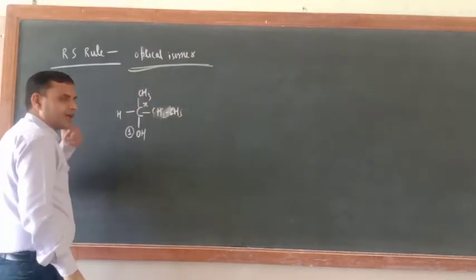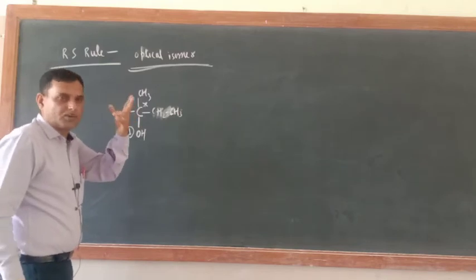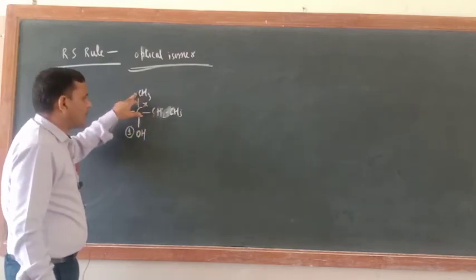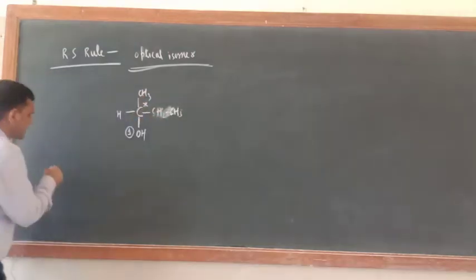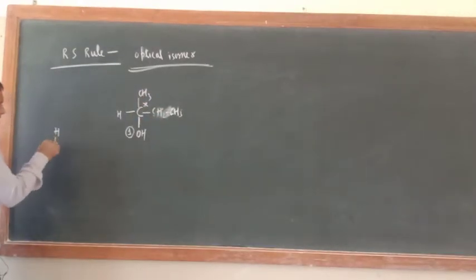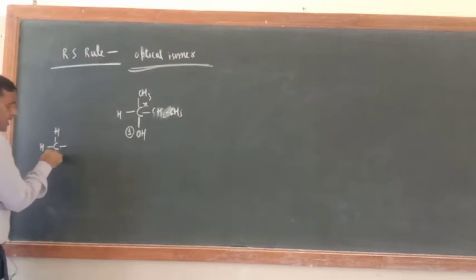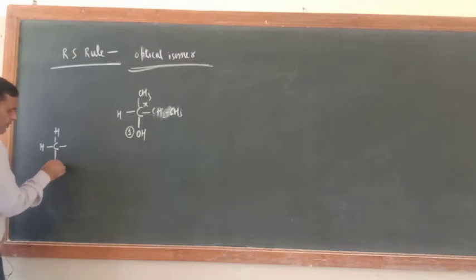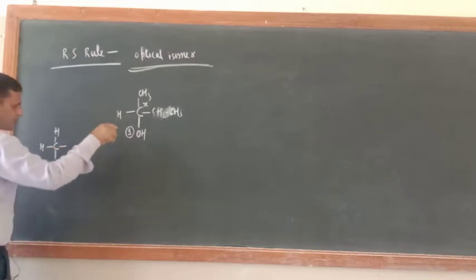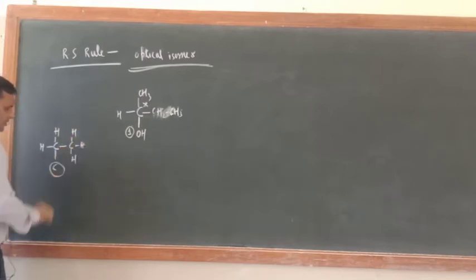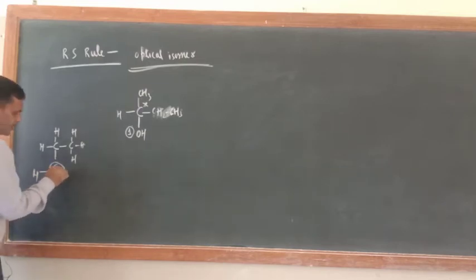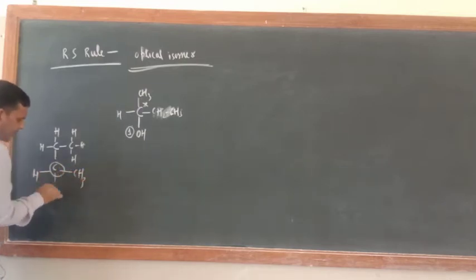So now we should get the priority by the first point of difference rule. The first atom is carbon only, but here the second atom is hydrogen, and here the second atom is carbon. CH2 CH3 can be written like that: this carbon atom is bonded with the chiral carbon atom, with H, H and H. This side H and this side CH3, this side OH is there.